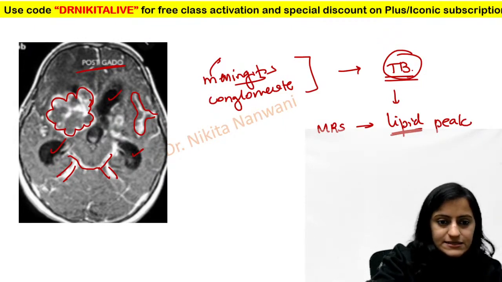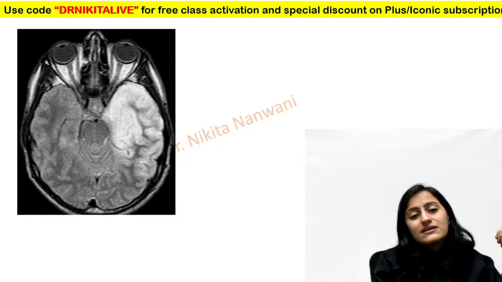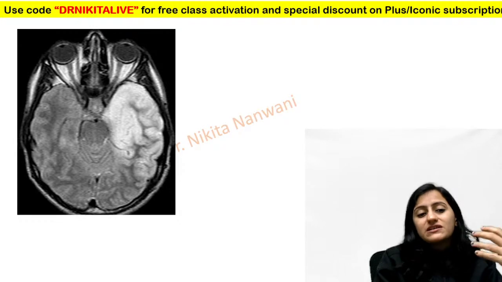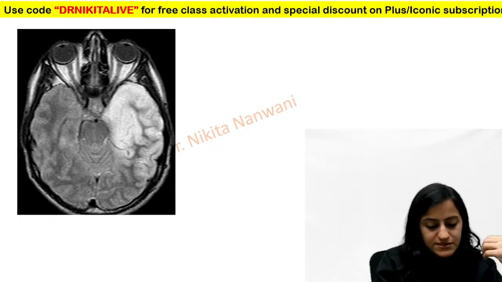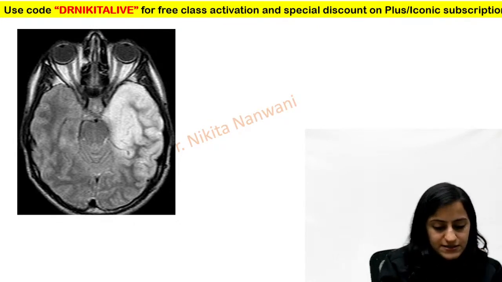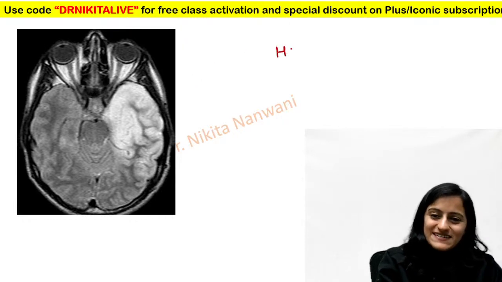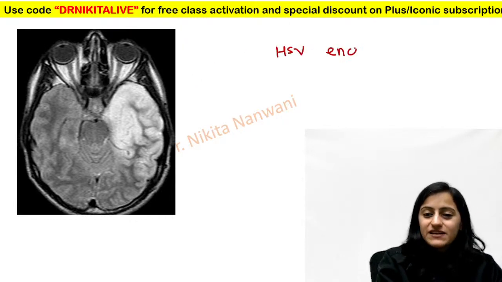Alright, let's go to the next one. What do you think is this infection now? A patient with fever and altered sensorium. This is what you see. What do you think is this infection? Very good. A.V. Soni, absolutely right. This is herpes encephalitis, HSV encephalitis.